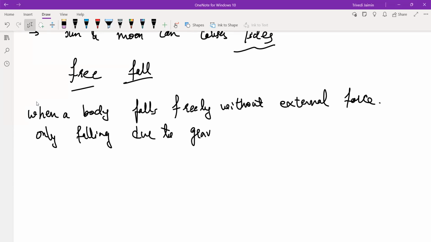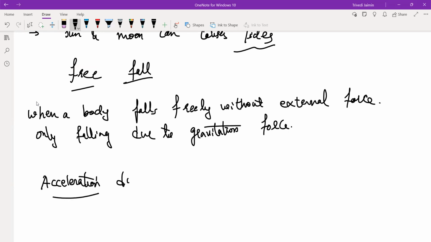That is free fall. Now, acceleration due to gravity.